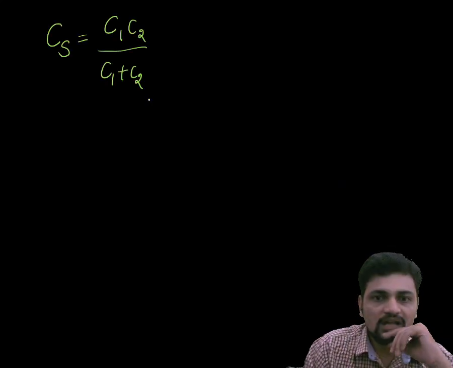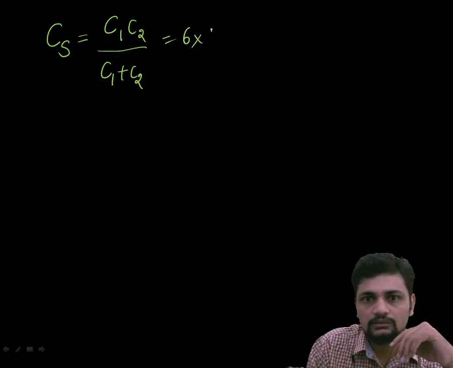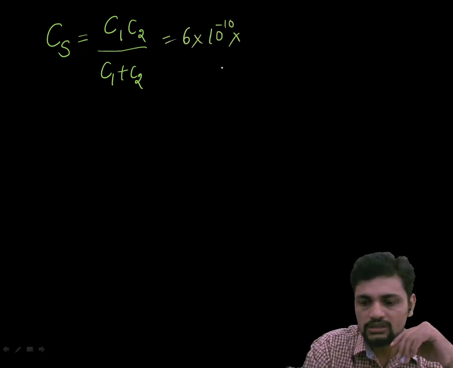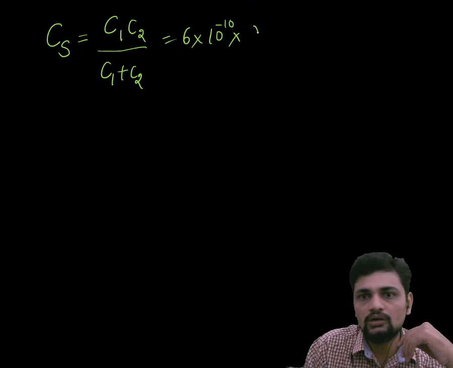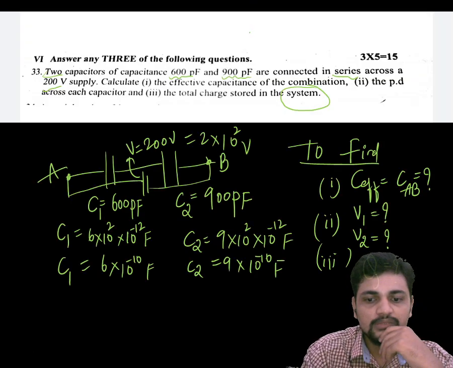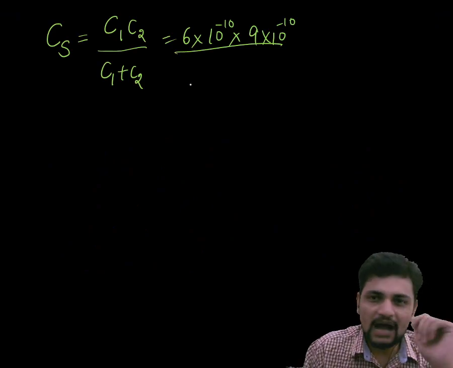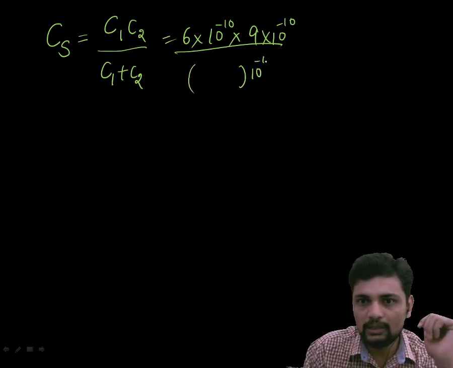C1 is 6 into 10 power minus 10 into C2 which is 9 into 10 power minus 10, divided by C1 plus C2. Since I am adding them, I can take 10 power minus 10 common.